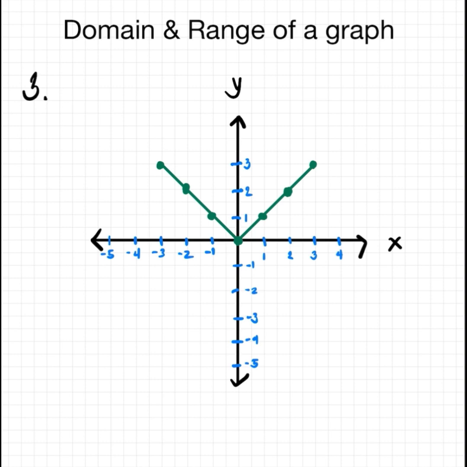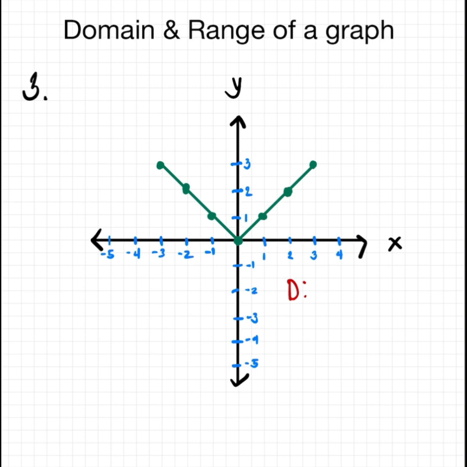Example number 3. The graph of an absolute value function. Let us determine the domain and range. Now, first, let's determine the domain.